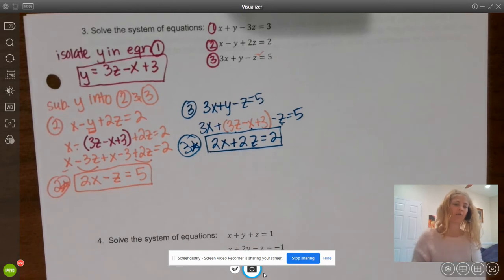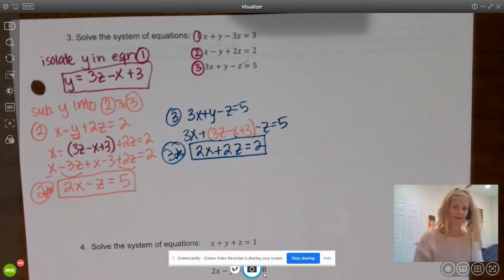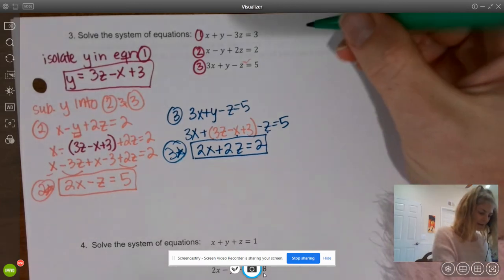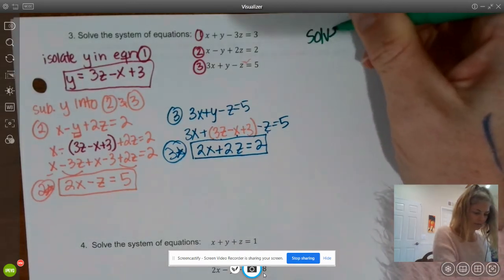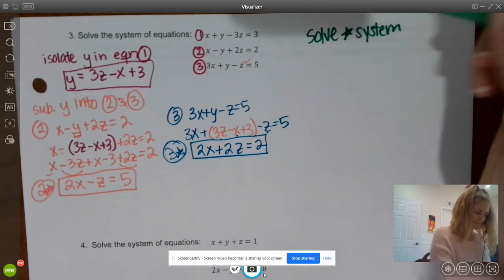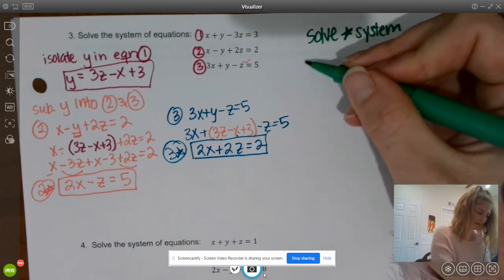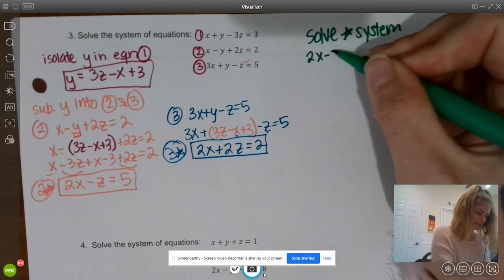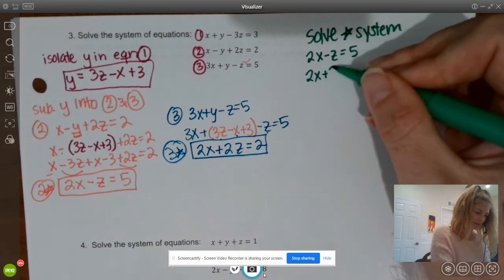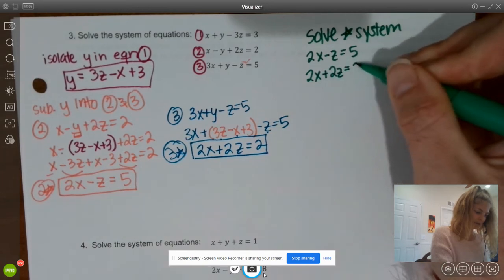So now we have our new system. I like to call it our star system. So now we are going to solve the star system, which we have as 2x minus z equals 5 and 2x plus 2z is equal to 2.